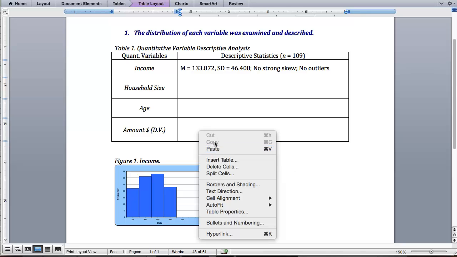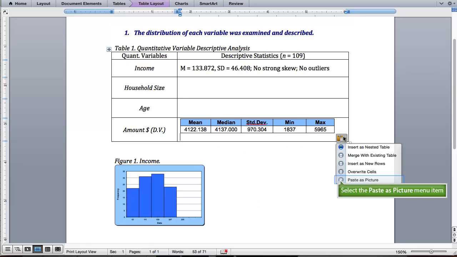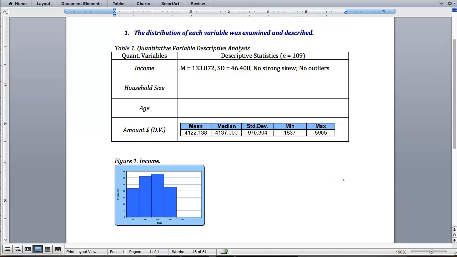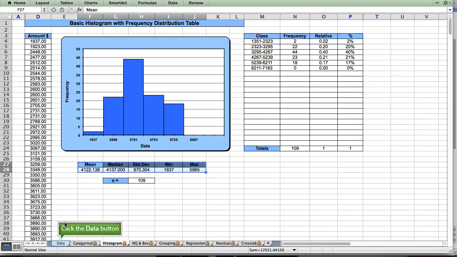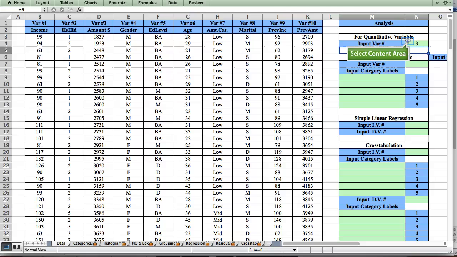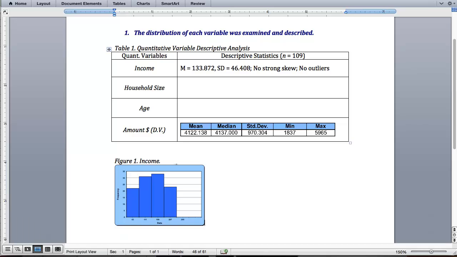So when I paste, it's important that we choose Paste as Picture, so that if we were to go back to Excel and change to a different variable, going back to income, we don't want these statistics for amount charged to change. And this happens a lot when, not so much when we're pasting a table, but it happens a lot when we're pasting charts, like our histogram.